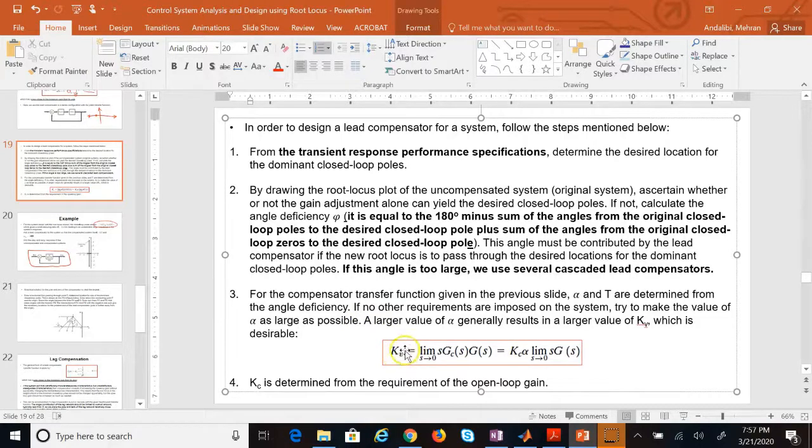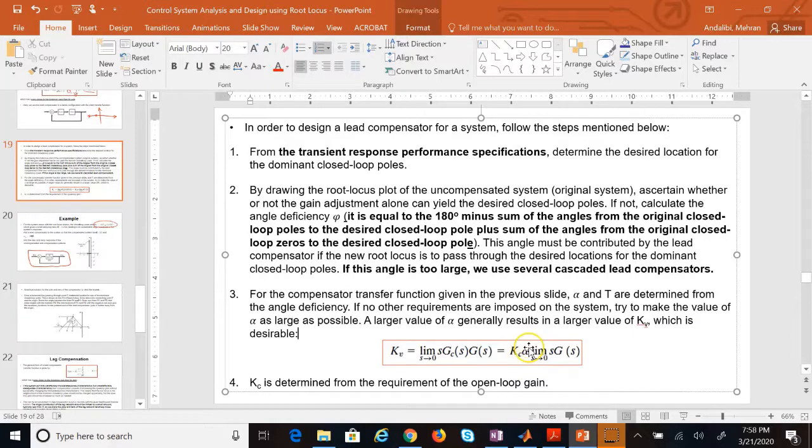And the reason is, if you look at the static velocity error constant, kV, for the new system, which in general is the limit of S times the open loop transfer function, which is in this case GC times G, if you do that, multiply S by the system and calculate it, then kV, as you can see, depends on what?